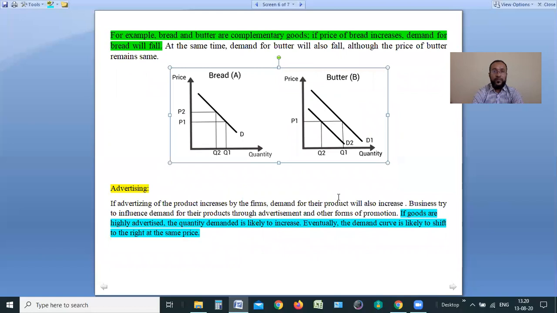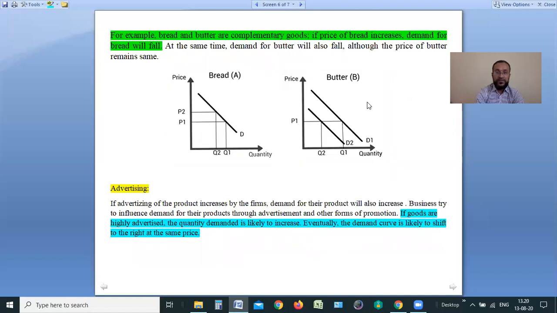For example, bread and butter are complementary goods. If the price of bread increases, demand for bread will fall. At the same time, demand for butter will also fall, although the price of butter remains the same. So in this case, bread and butter are the complementary goods. So this is the demand curve for bread, and this is the demand curve for butter.